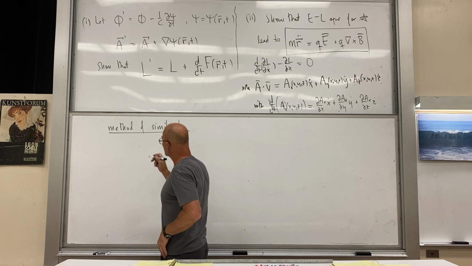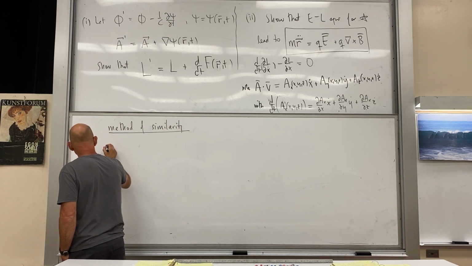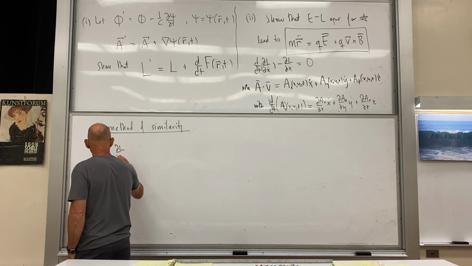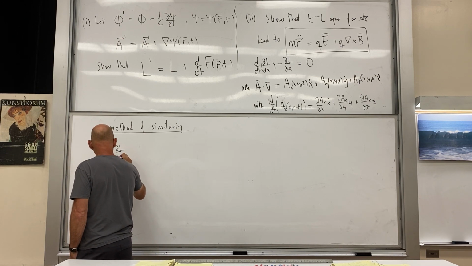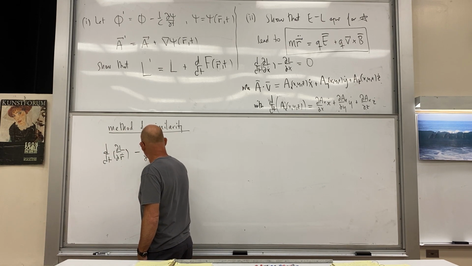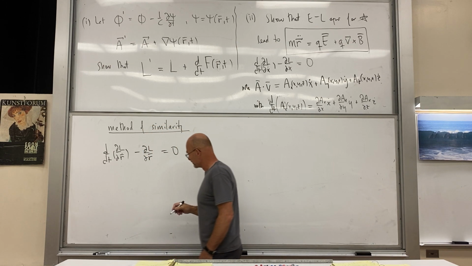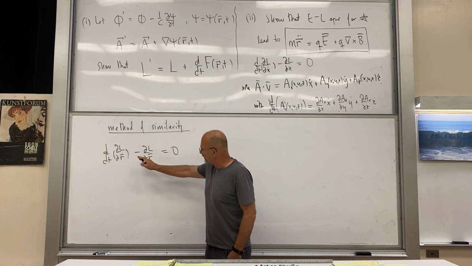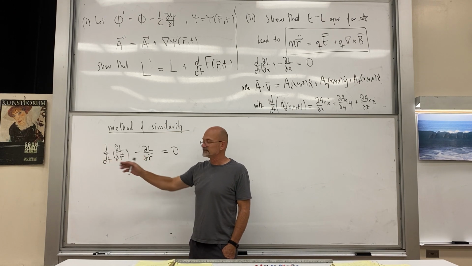And first I'll start by just writing down the Euler-Lagrange equations. D over dr dot. So we're using Cartesian coordinates. And you notice both of these expressions involve a derivative.